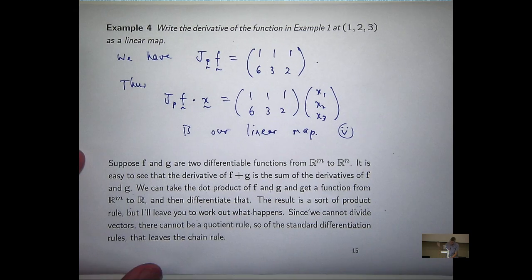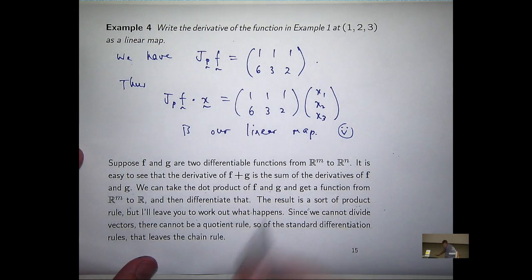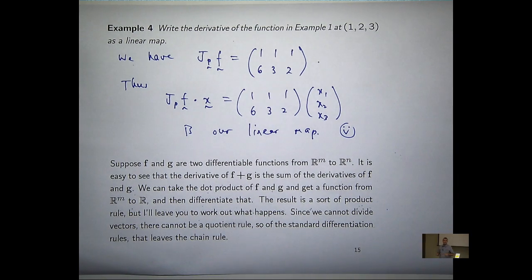Now, you can also take the dot product of two vector valued functions of many variables and differentiate that and get some sort of product rule. But I'll leave you to work out what happens in that case. There's no quotient rule because we can't really divide a vector by another one. So that leaves the chain rule. We'll look at that on Monday.